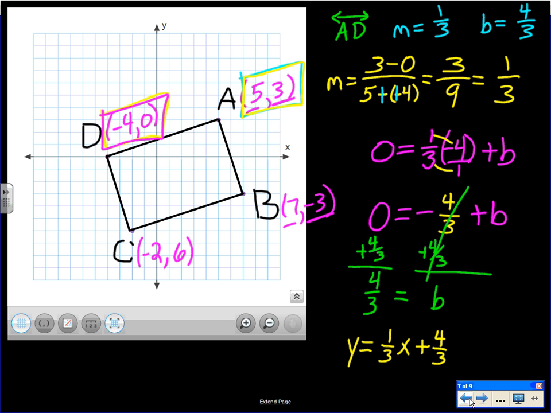I just noticed right here the point C, we did go -2, but then we also went -6. So from here, we're going to go ahead and get rid of some of this stuff.